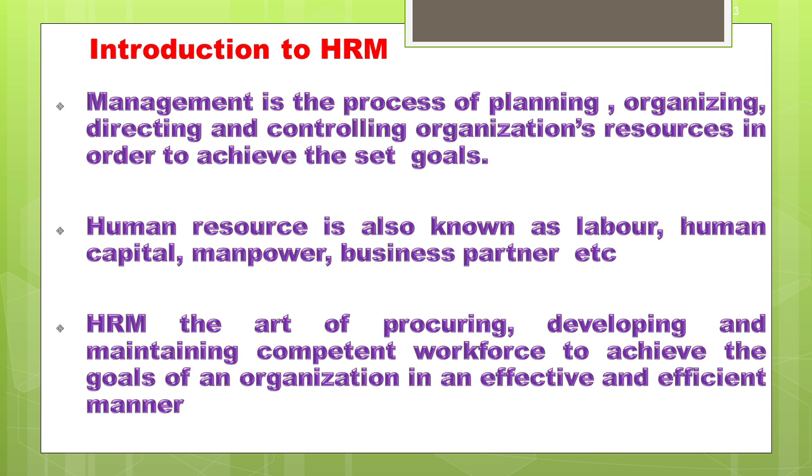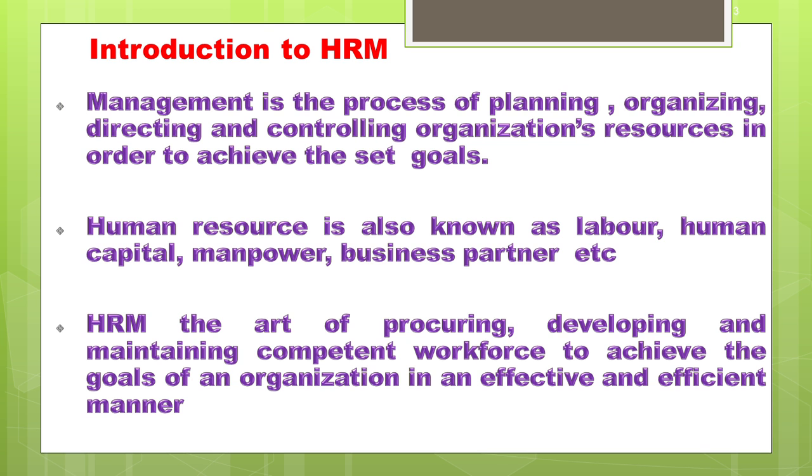So you find that this function of management, that is human resource management, is a branch of management that deals with management of people in an organization, the people you have for you to be able to achieve the organizational goals.